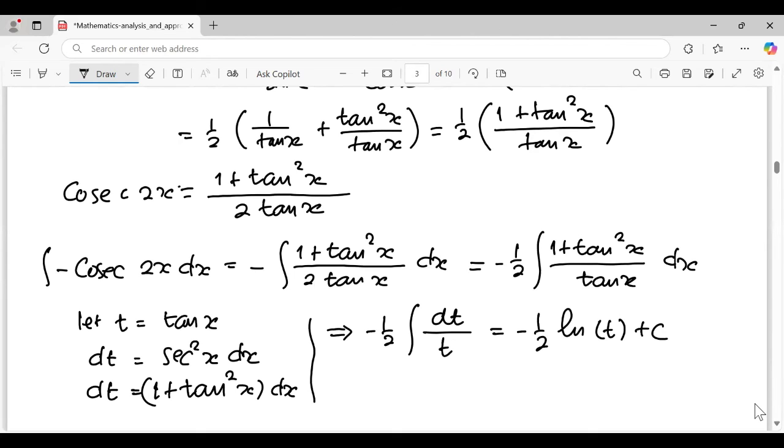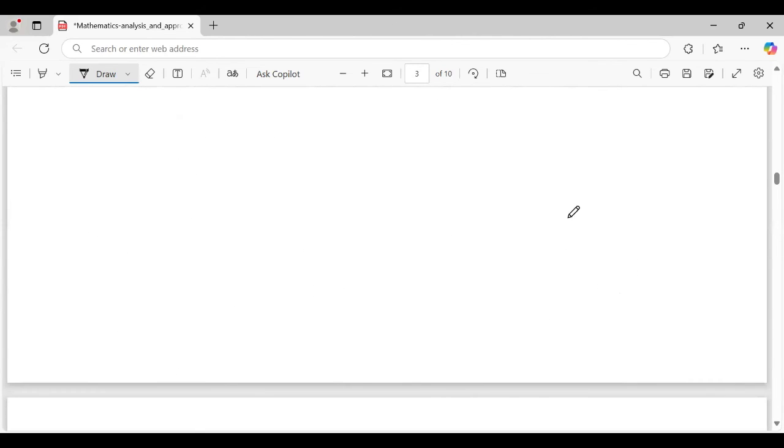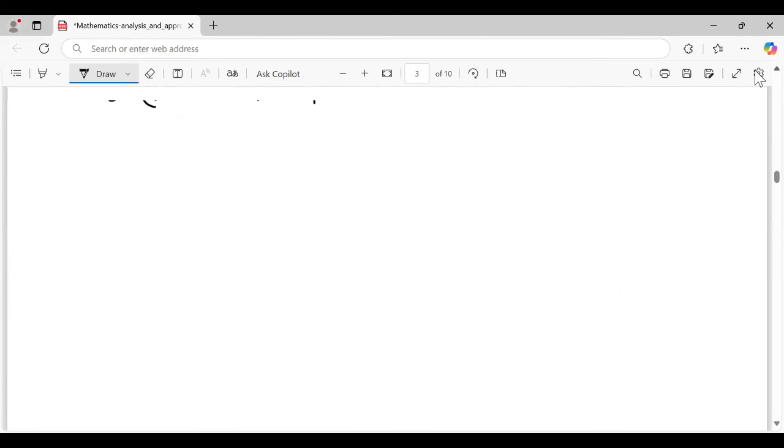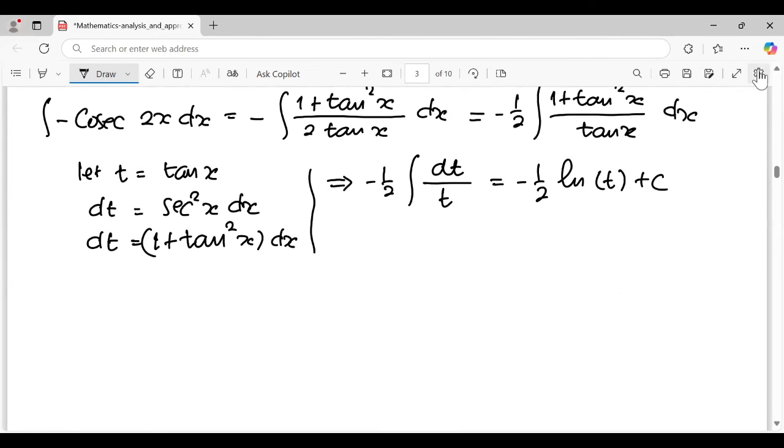Okay, let's continue here on this page. So the integral of minus cosecant 2x dx, we continue from this part.